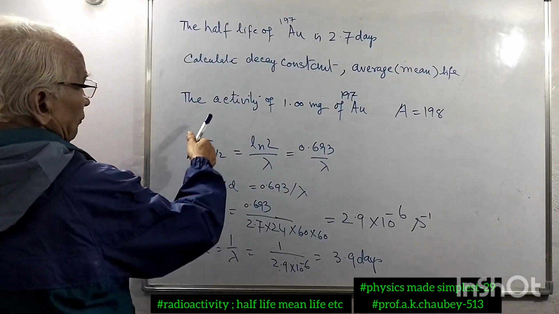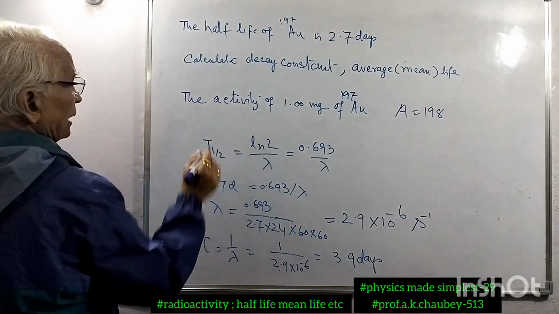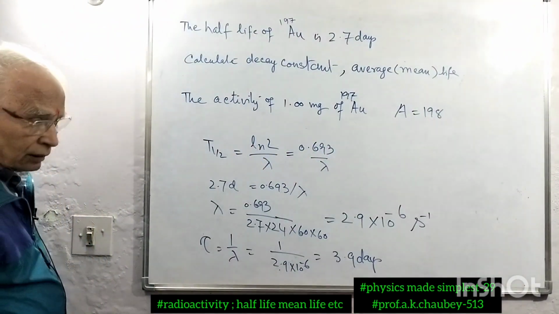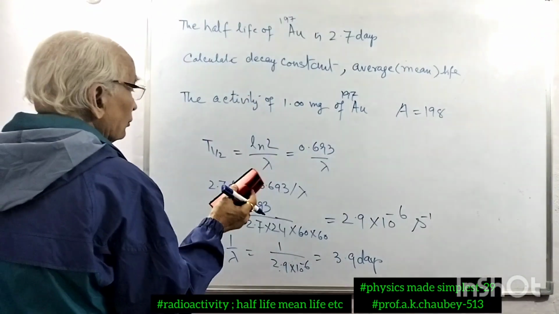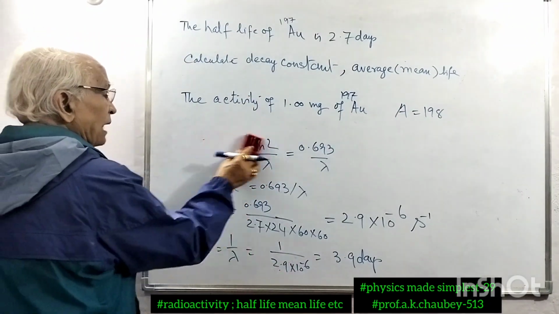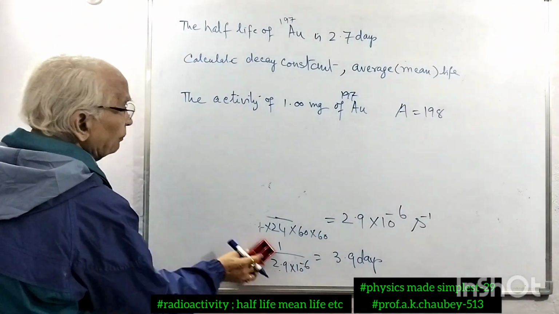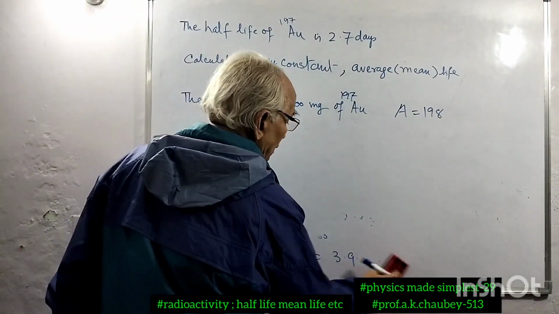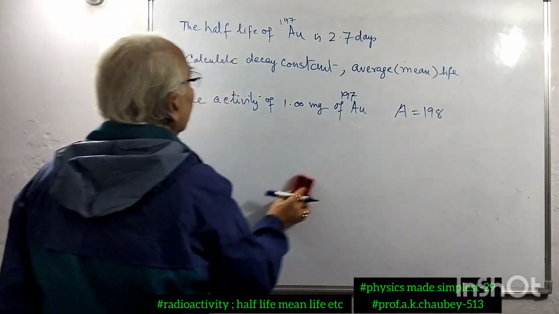Now you find out the activity of 1 milligram of this. We have the half-life and mean life. Now we have to see the activity of 1 milligram of gold, where A is 198.